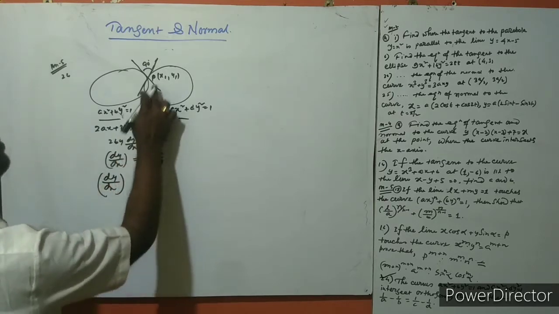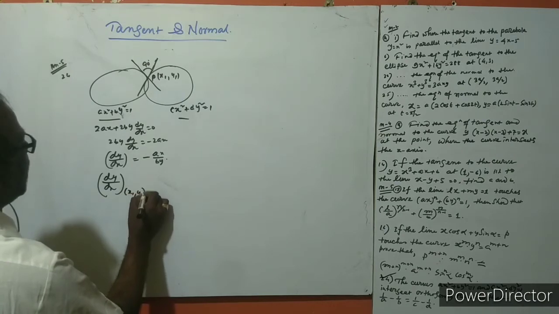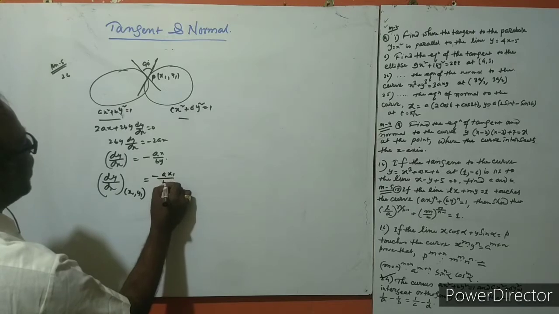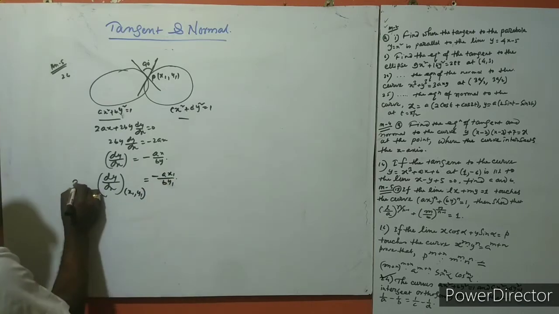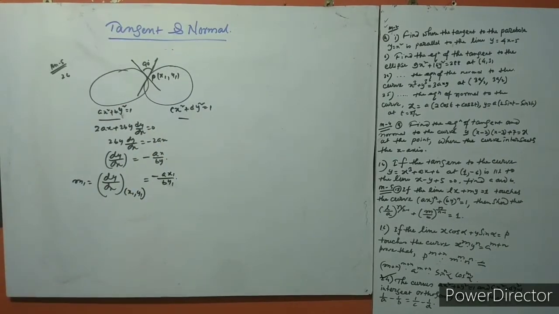At the point x1, y1, you can write minus ax1 by by1. So this is the slope of the first tangent to the curve.